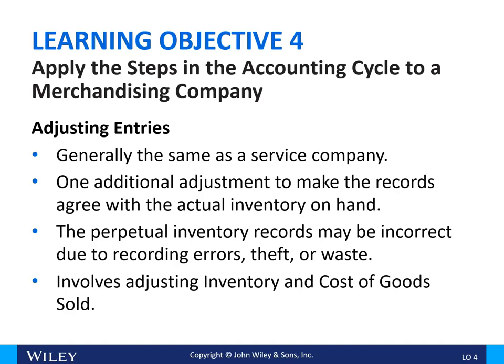At certain times we have to adjust our inventory to agree with any counts we do of the actual inventory on hand. Again, the perpetual inventory records may be incorrect due to recording errors, theft, or waste, and this involves adjusting inventory and cost of goods sold. Again, remember adjusting entries: one income statement account, one balance sheet account, and it's never cash. So in this case, inventory is the balance sheet account, cost of goods sold is the income statement account.